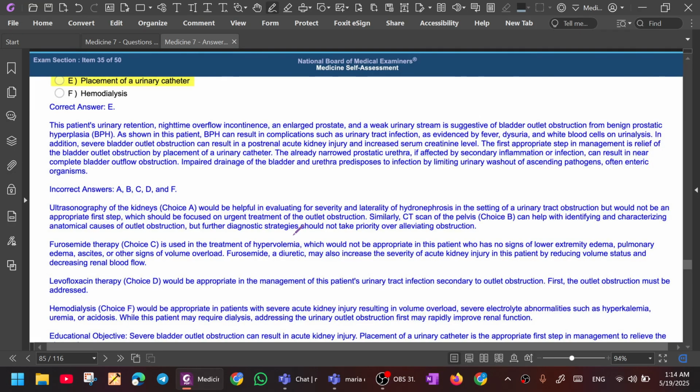It should be focused on urgent treatment of the outlet obstruction. Similarly, CT scan of the pelvis can help with identifying and characterizing anatomical causes of outlet obstruction, but further diagnostic strategy should not take priority over alleviating obstruction.